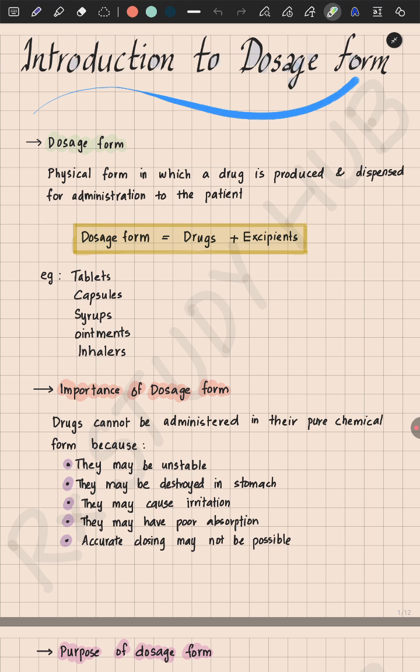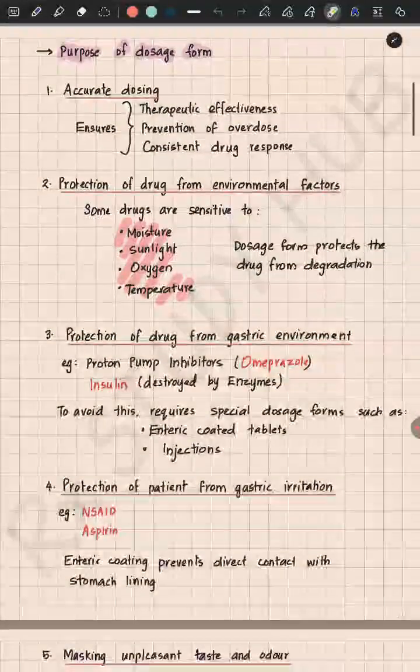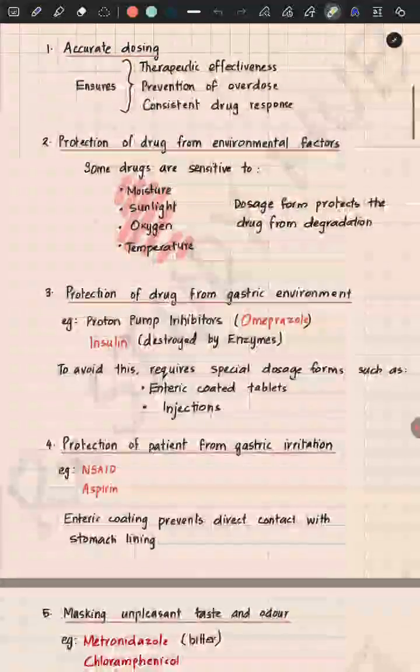Closely related to importance is the purpose of dosage forms. The main purpose is to deliver the drug to the site of action in the correct concentration and at the right time. But this is not the only purpose. Dosage forms also protect the drug from environmental factors such as moisture and light. They help in masking unpleasant taste and odor, which is especially important in pediatric patients.